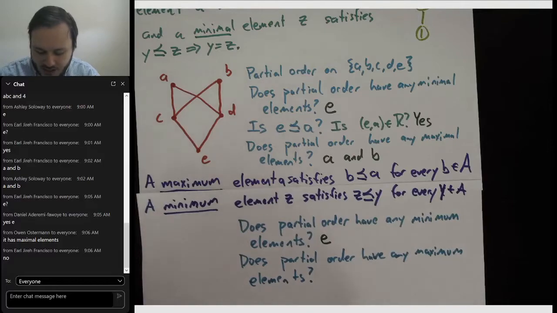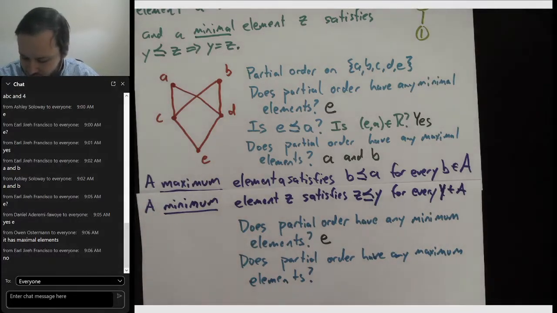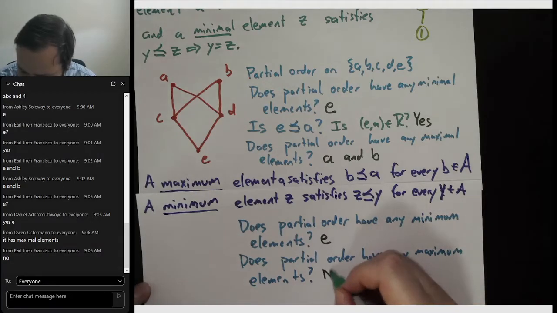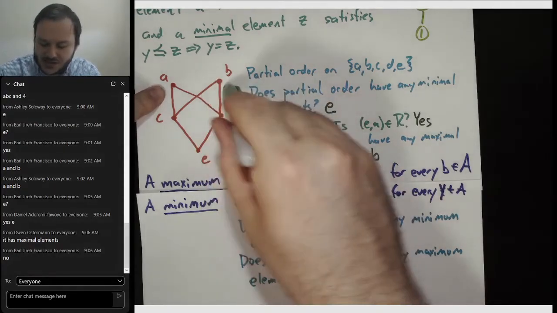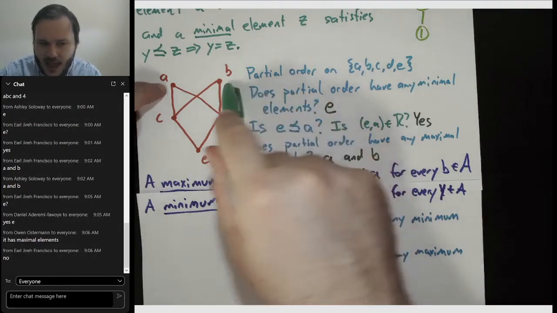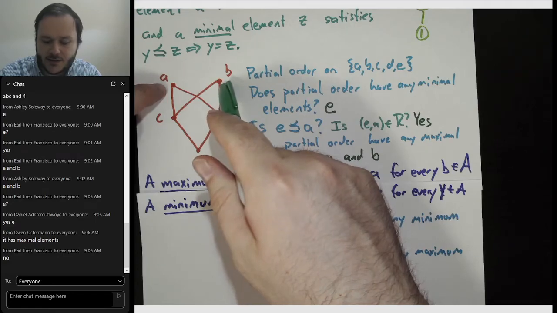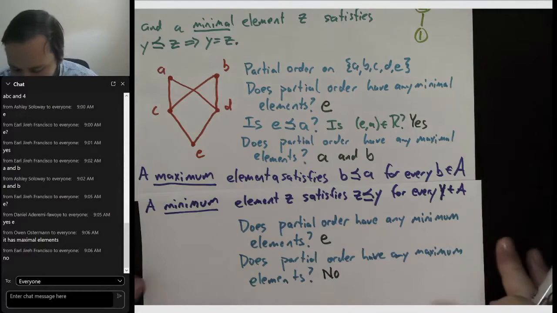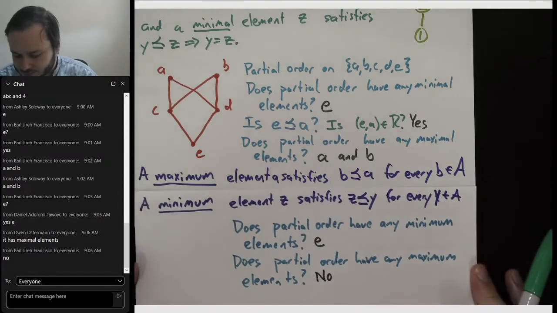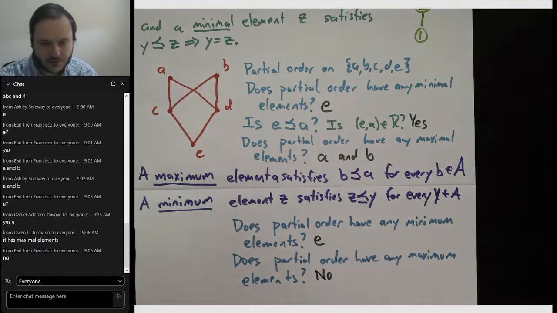There's no element I can point to that's above everything else. A is above everything except for B. B is above everything except for A. But there's nothing that's above everything altogether.